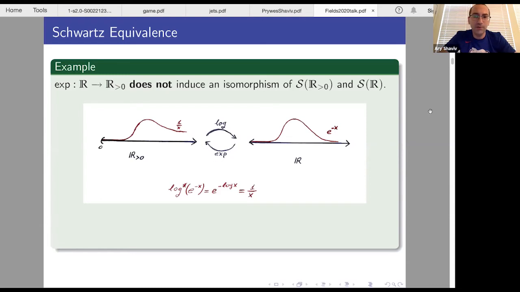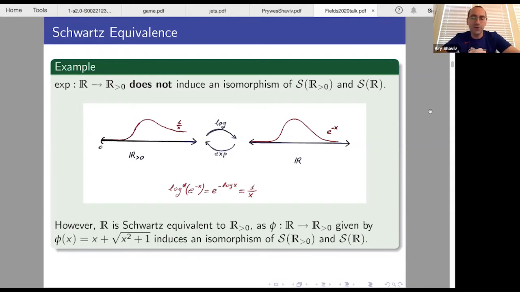So the exponent map does not induce an isomorphism. Note, however, that the real line is Schwartz equivalent to the positive ray because we have another phi we can take. We have this x plus the square root of x squared plus 1. And you can check that this is a C infinity diffeomorphism that induces an isomorphism of the Schwartz spaces.